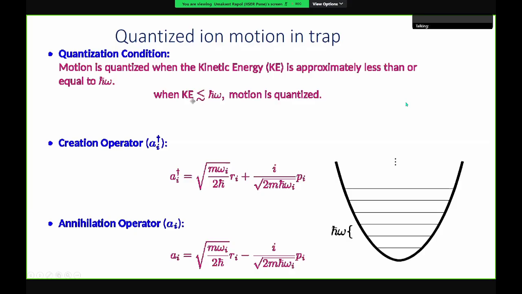And as I said earlier, the kinetic energy of these ions is much lower than the energy level separation between these motional modes. This is done by laser cooling, as I said. Then you can apply a complete quantum mechanical treatment using these operators.